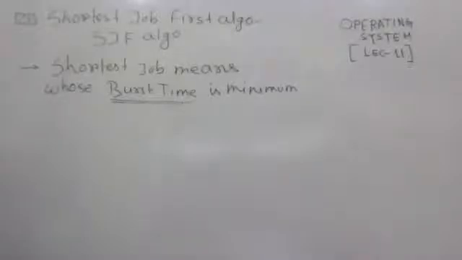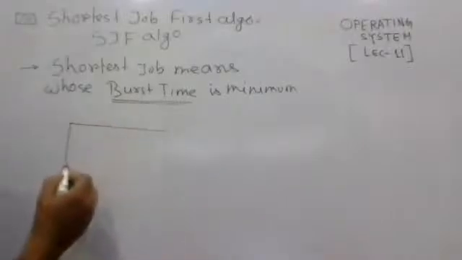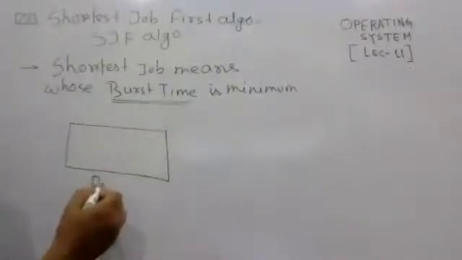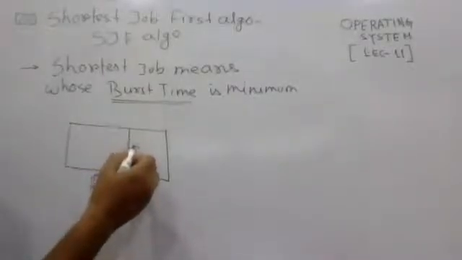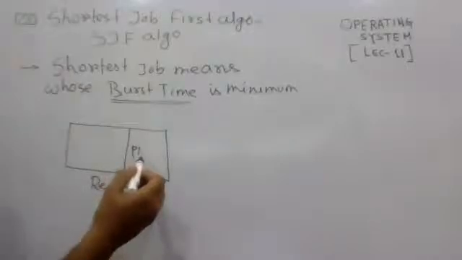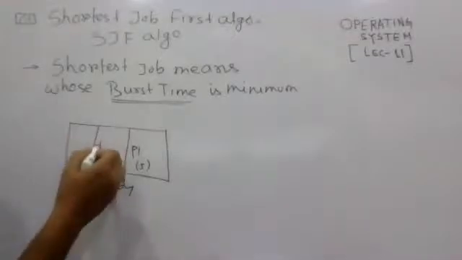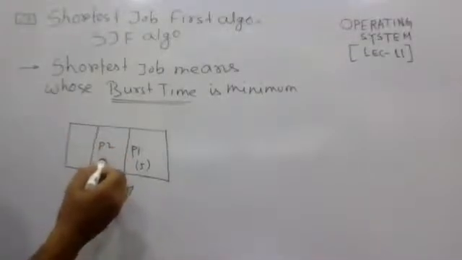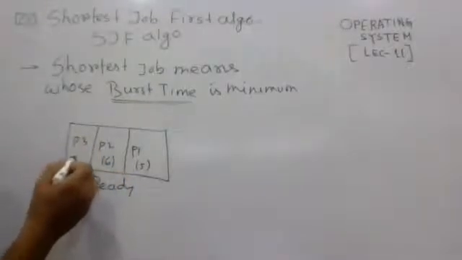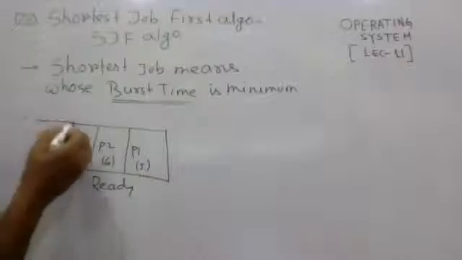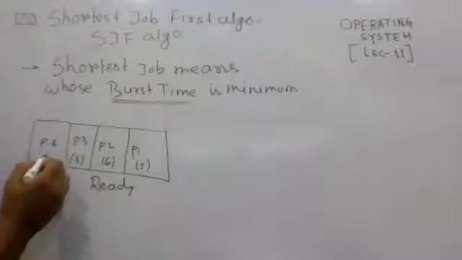In this particular scheduling algorithm, suppose in the ready queue, or ready state, we have a process P1 whose burst time is say 5 units, and another process P2 whose burst time is 6 units, another process P3 whose burst time is 3 units, and another process P4 whose burst time is say 9 units.